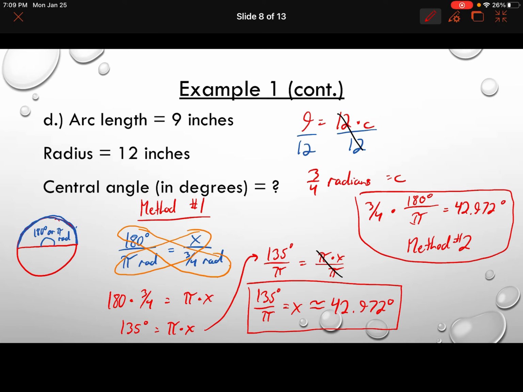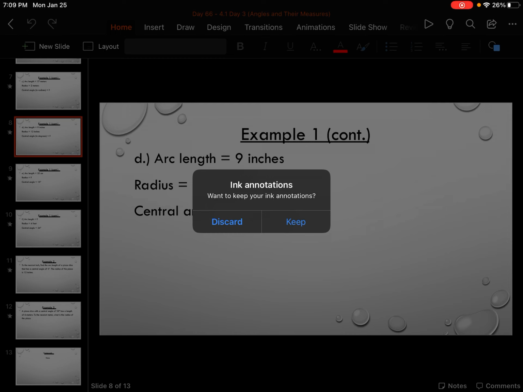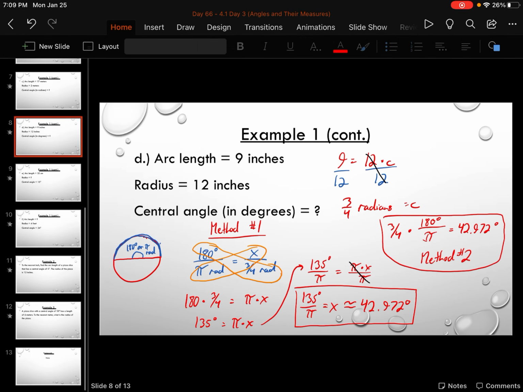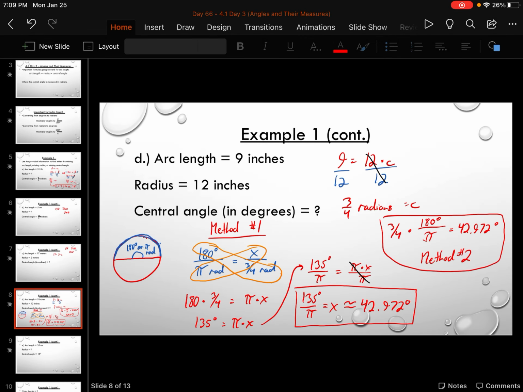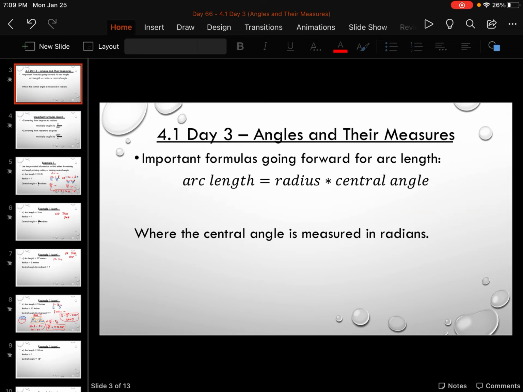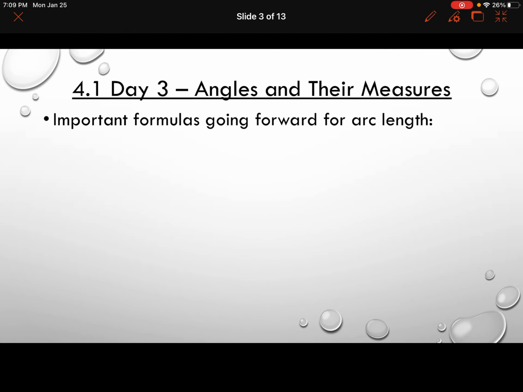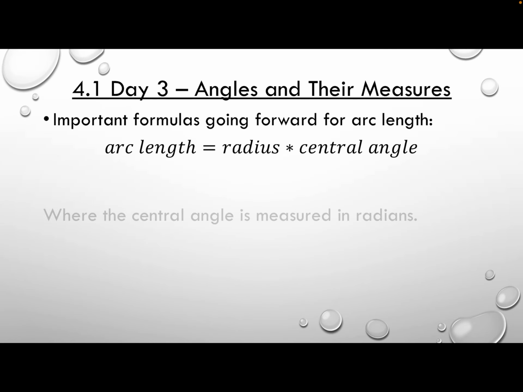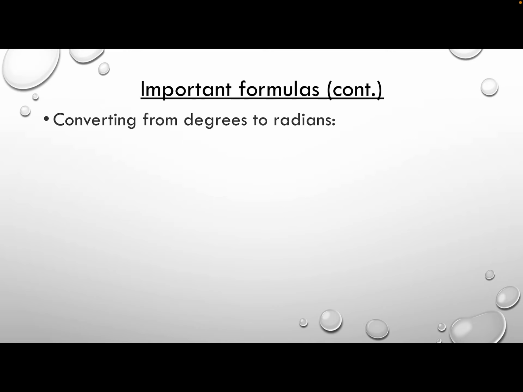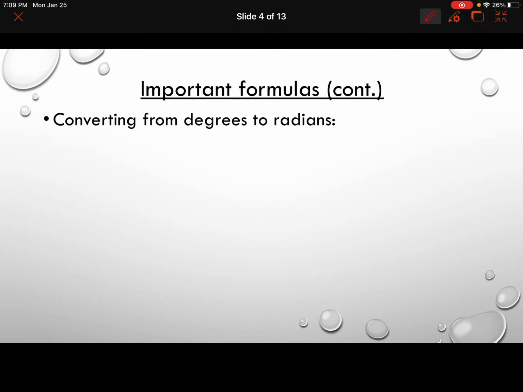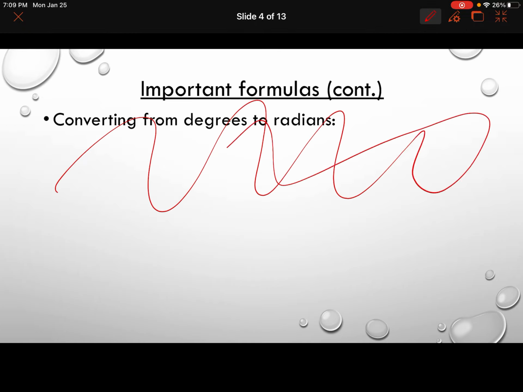Which actually brings me to a formula that I want to show. Okay, here we go. So back to this idea of important formulas going forward. We talked about this one already, so just ignore the others for now.